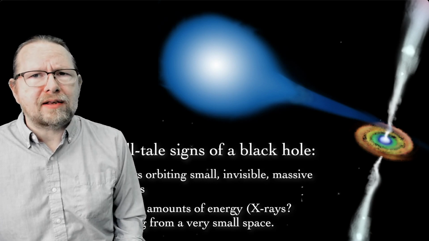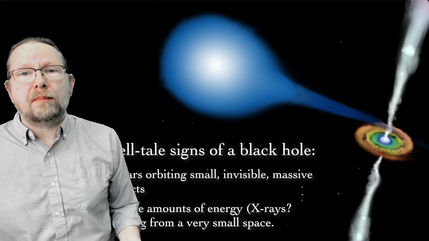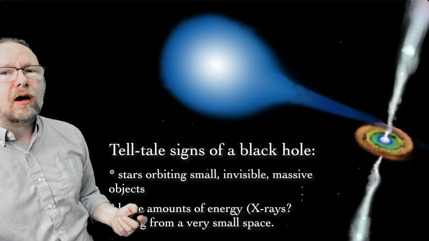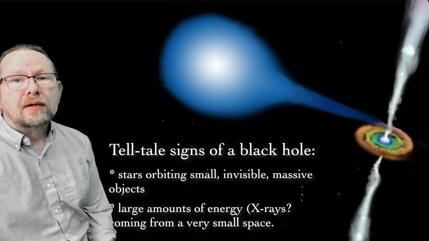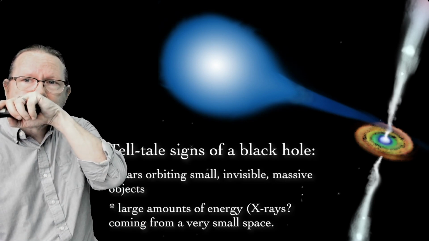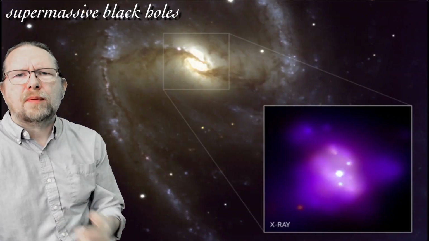But we do think that these black holes exist. The evidence for black holes actually comes from black holes that are not just a single collapsed star, but something called supermassive black holes.